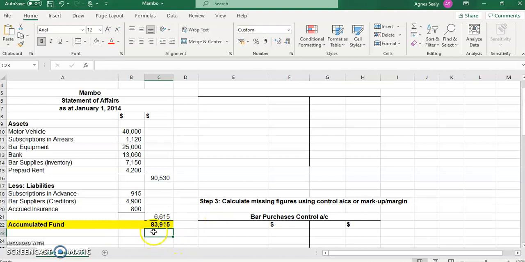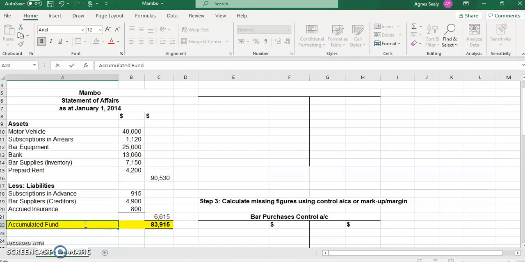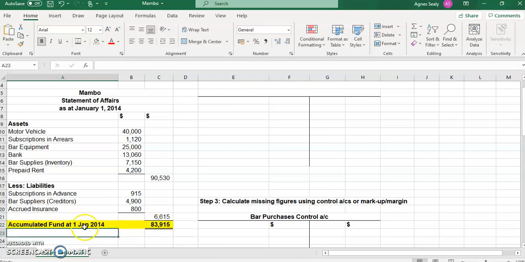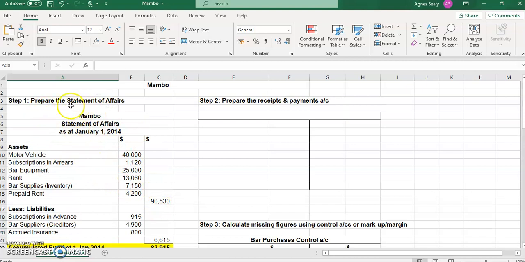And we have opening accumulated fund. So this is accumulated fund at 1st of January 2014. Okay, so accumulated fund of $83,915.